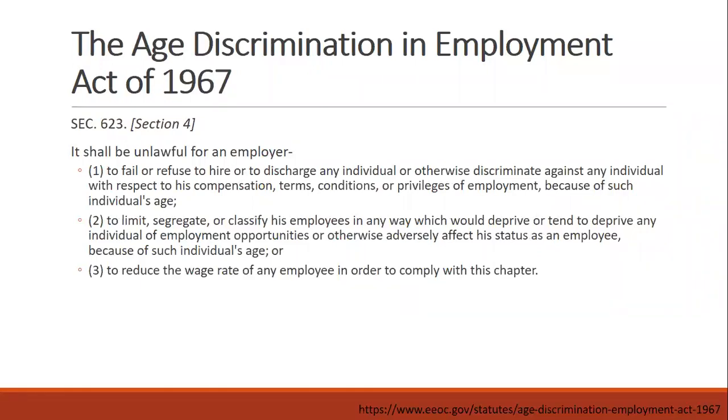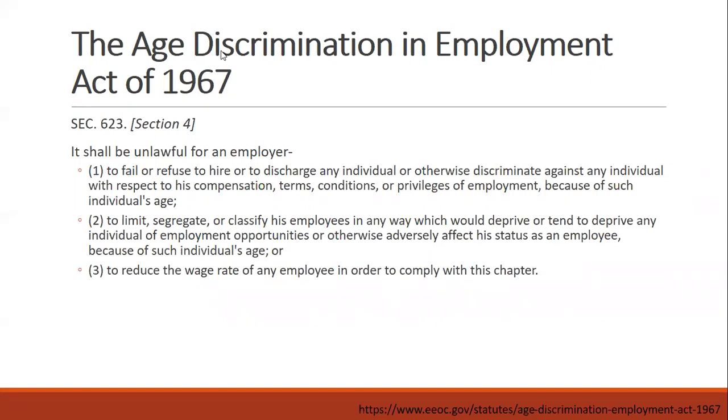So the Age Discrimination in Employment Act of 1967 states that it shall be unlawful for an employer to, number one, fail or refuse to hire or to discharge any individual or otherwise discriminate against any individual with respect to his compensation, terms, conditions, or privileges of employment because of their age.